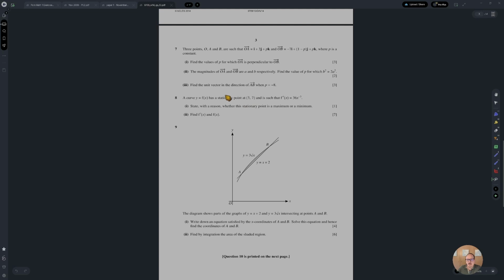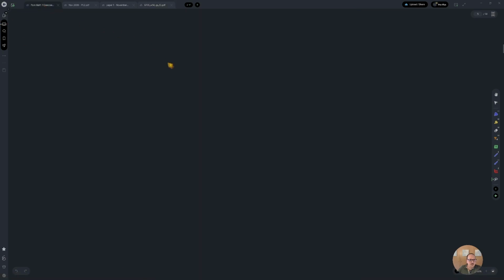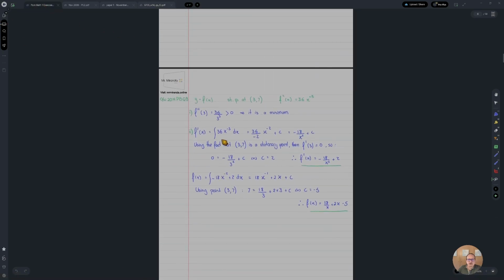So you know that this is a stationary point. So if you substitute x by 3 in the second derivative and look at the sign that you get, you'll figure out if it is a maximum or a minimum.